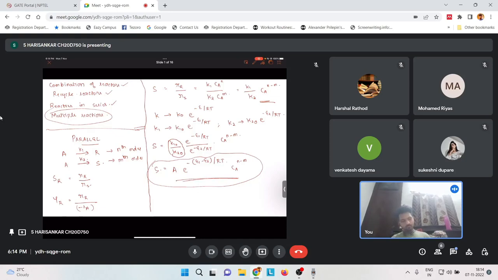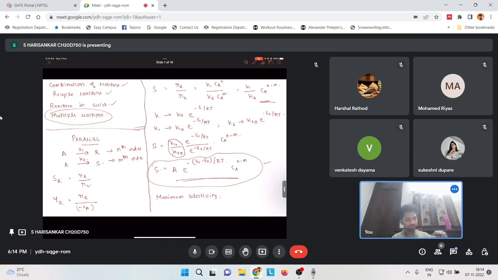Okay. So now let's say we want to have the maximum selectivity. What this equation helps us to do is we can maximize selectivity by changing the concentration, or by looking at the activation energy of these two reactions.